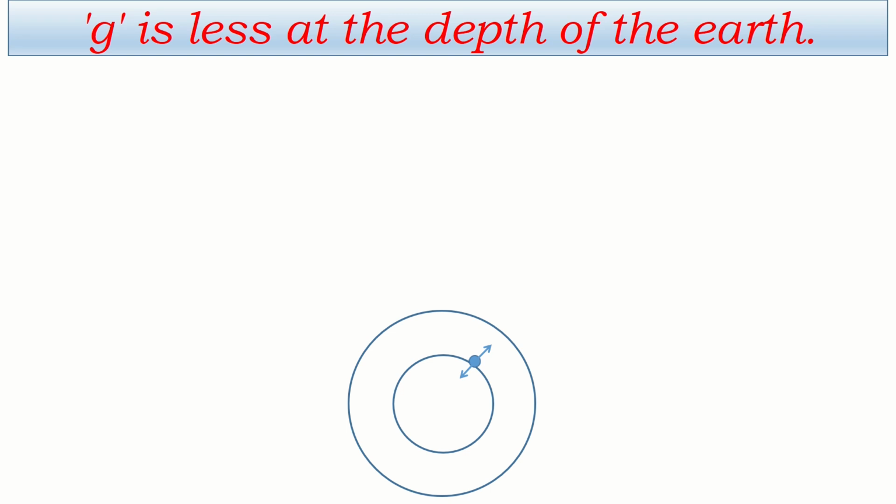It means the earth's mass pulls it in different directions. That's why inside the earth the value of g will be less. It is less inside the earth and more on the surface of the earth.